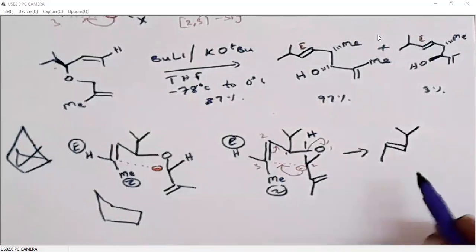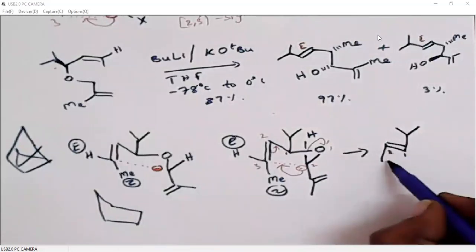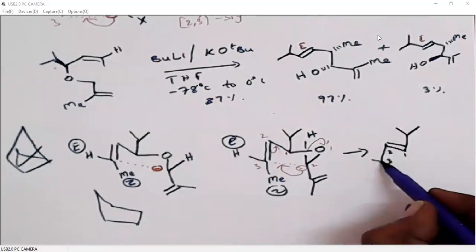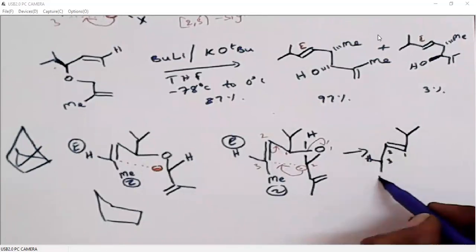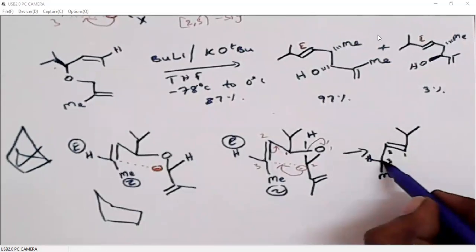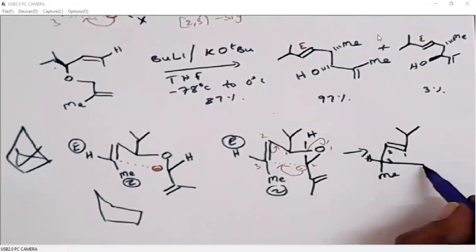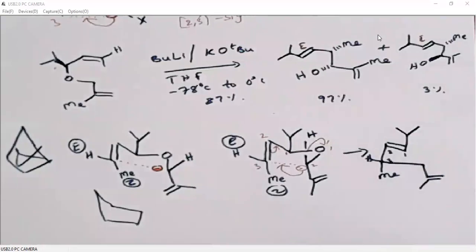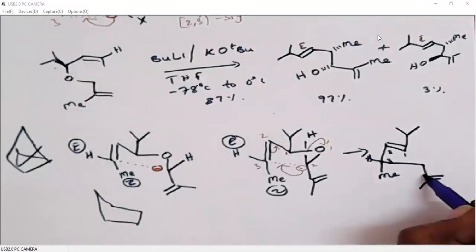Isopropyl group. So this is 1, 2, 3. We have hydrogen above the plane, methyl group below the plane, like this. This is below the plane.